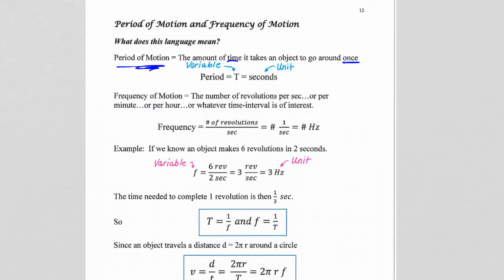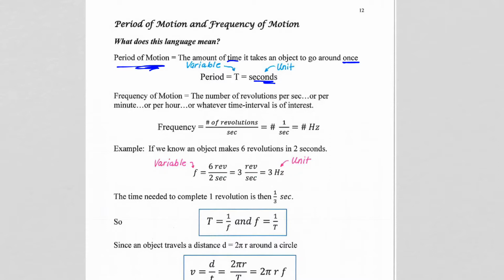So in terms of variables, we're going to use capital T for period, and the units for period of motion will be seconds. Frequency of motion. Well, frequency of motion is the number of revolutions. How frequently is the object going around?